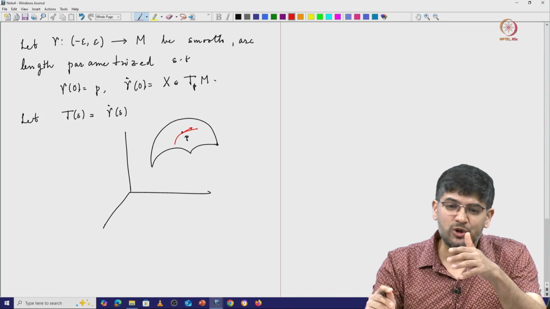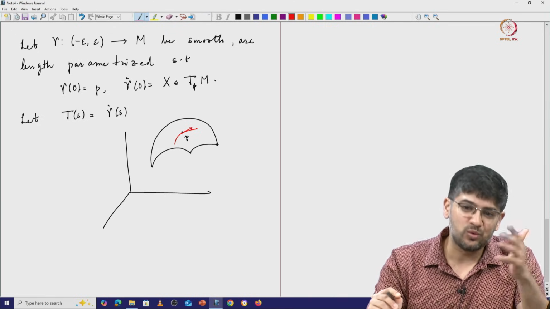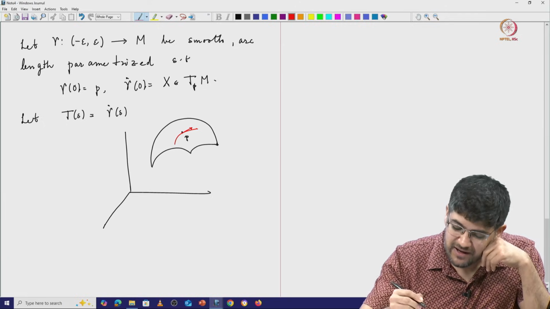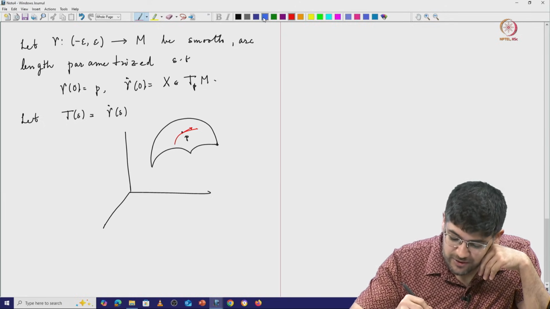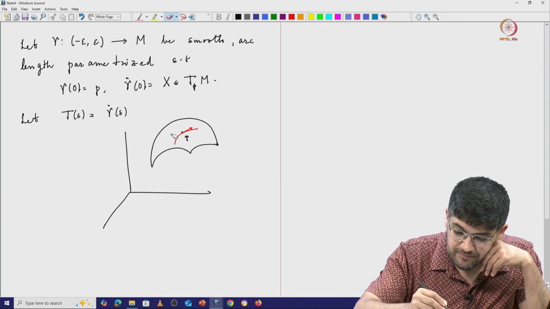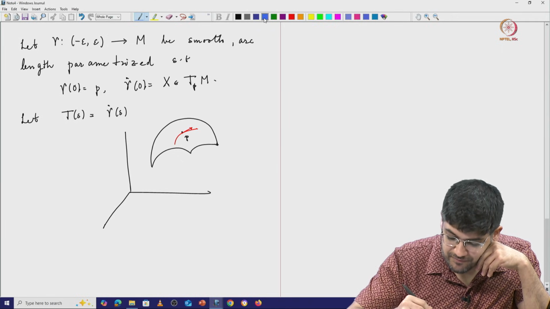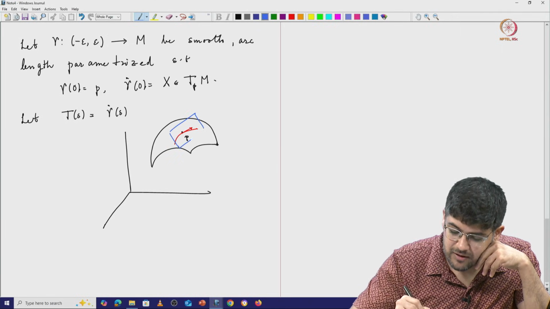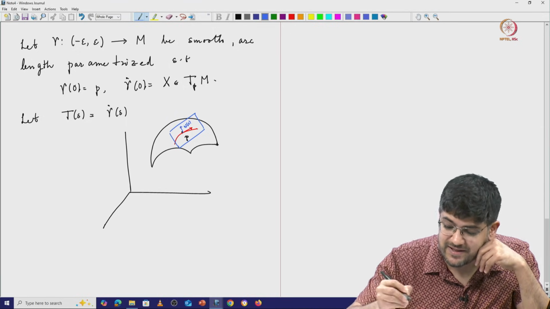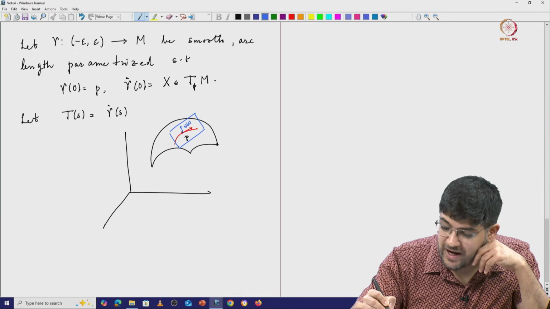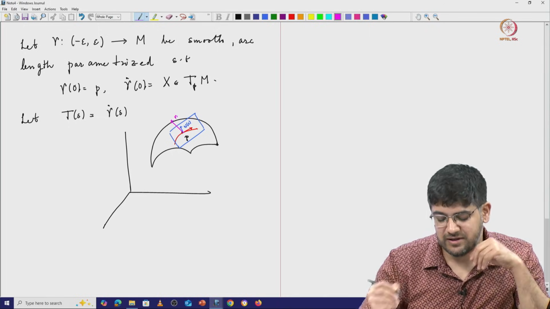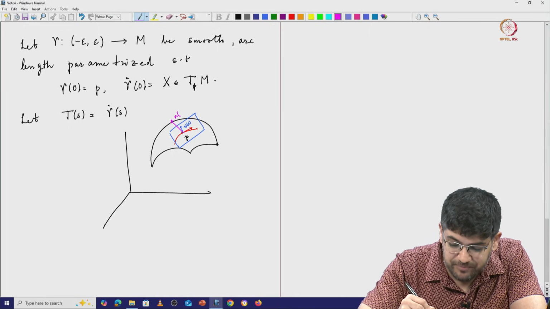Now I somehow want to do the same thing that I did in the plane. I want to rotate this in an anti-clockwise direction in the tangent plane at p. So I also have the tangent plane here. So in the tangent plane, I would like to rotate this to get this vector capital N of s, and then I of course also have this normal vector small n of s at this point.